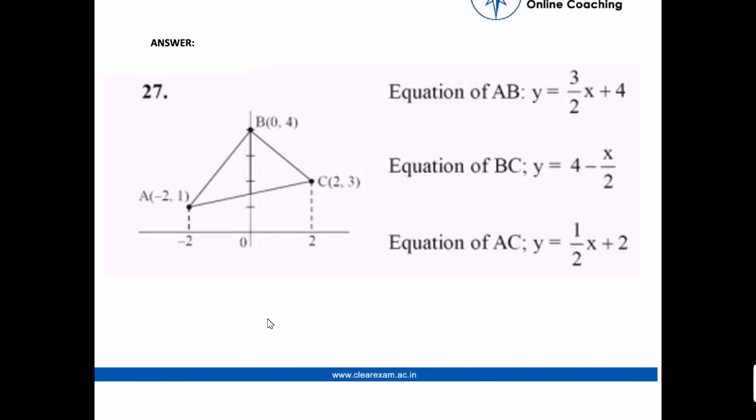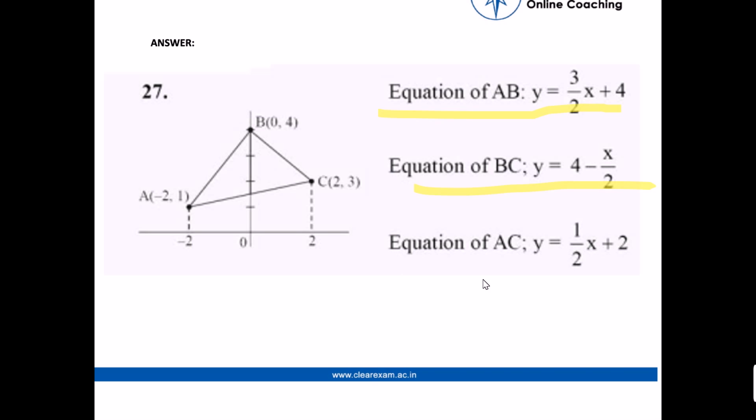So the first answer will be the equation of AB. We can write the equation of AB from the coordinates given in the question. The equation of AB is y is equal to 3 by 2 x plus 4, the equation of BC is y is equal to 4 minus x by 2, and the equation of AC is y is equal to 1 by 2 x plus 2.